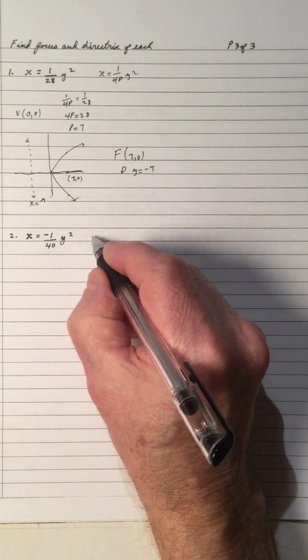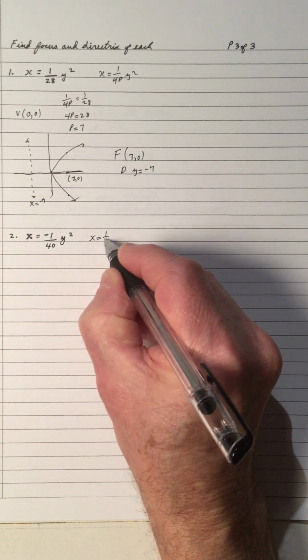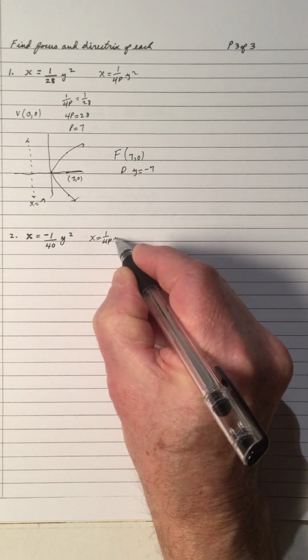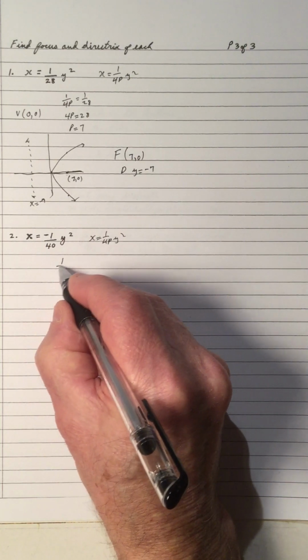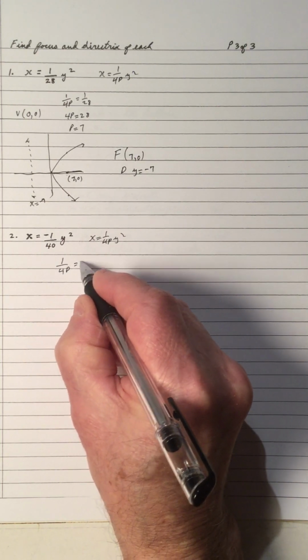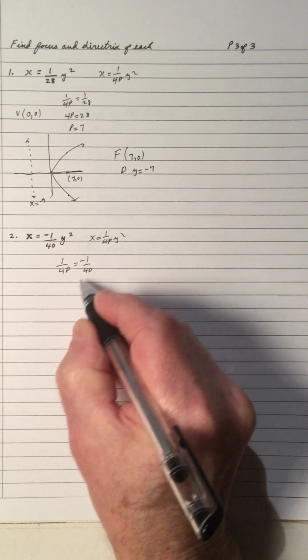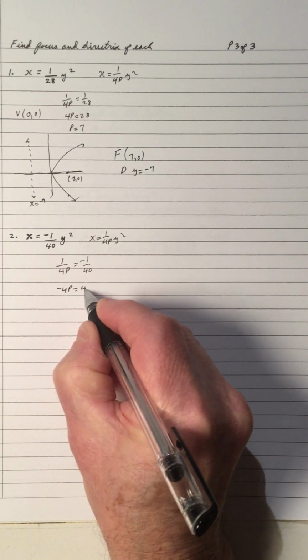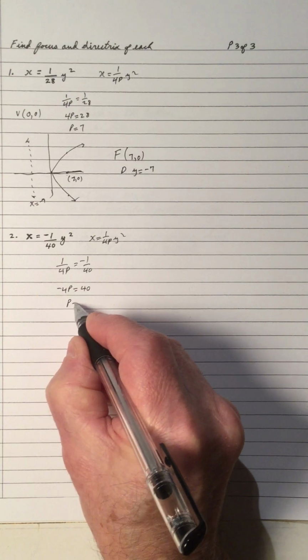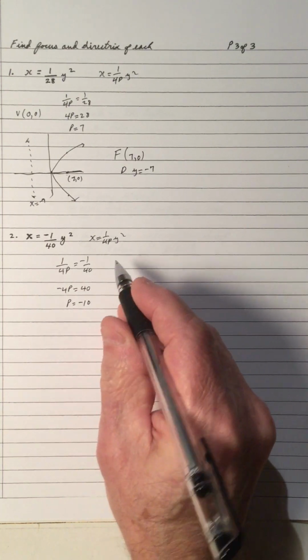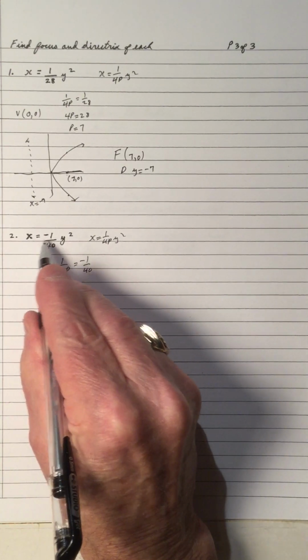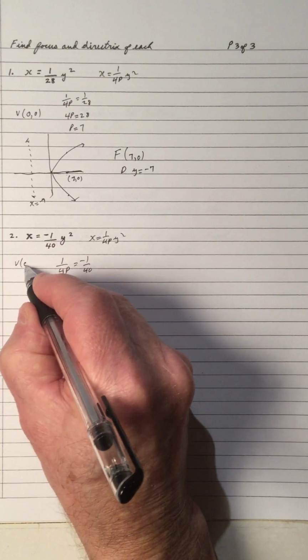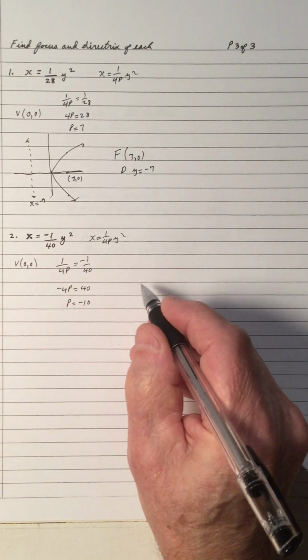And another equation, so it's x equals 1 over 4p y squared. So 1 over 4p equals negative 1 over 40. Cross multiply. Negative 4p equals 40. Divide by negative 4 and I get negative 10. And again, the vertex of this parabola, when x is 0, y is 0.